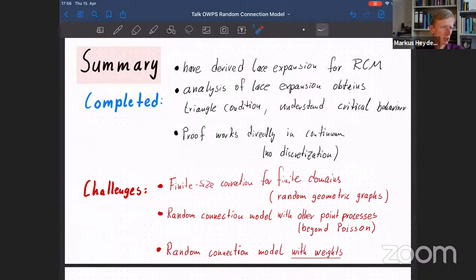The challenges, or things for further work, would be to do this on a finite domain, in particular on tori, and that would open up the road to random geometric graphs. There are two schools. The people with training in statistical physics often think of finite domains as doing the same system, but on a finite box and making the box larger and larger.